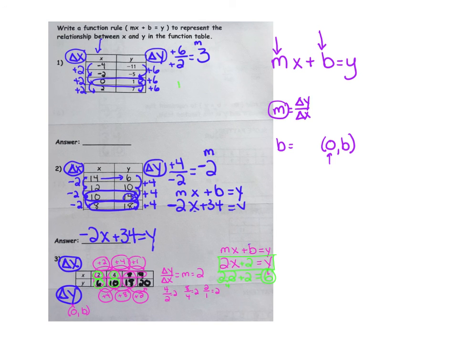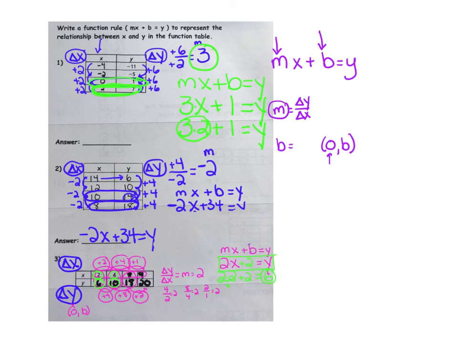For problem number 1, mx plus b equals y. Our slope is 3. 3 times x. Here is our intercept, plus 1 equals y. Now you can double check this by trying to make a connection. Let's say 2 to 7. 3 times an x of 2 plus 1 equals y.